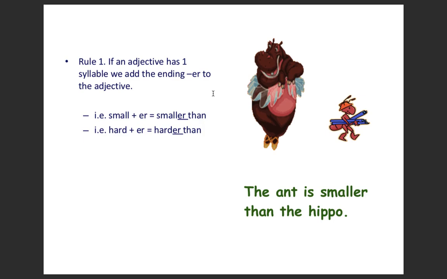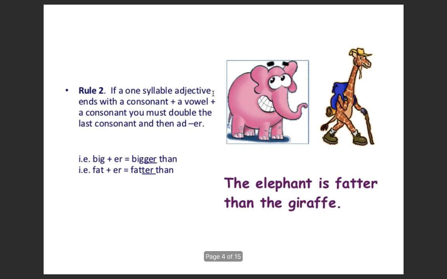For example, small plus er becomes smaller. When you are writing a sentence with a comparative adjective, you must always include the word than. For example, if you see the picture, the ant is smaller than the hippo, or the hippo is bigger than the ant.